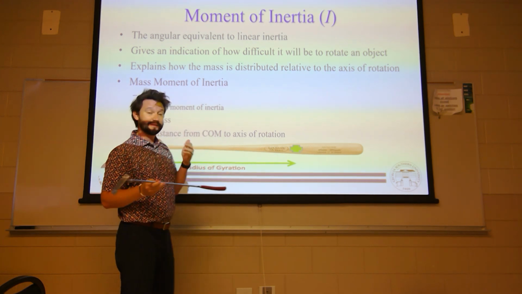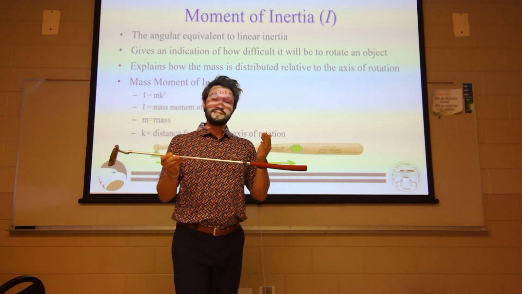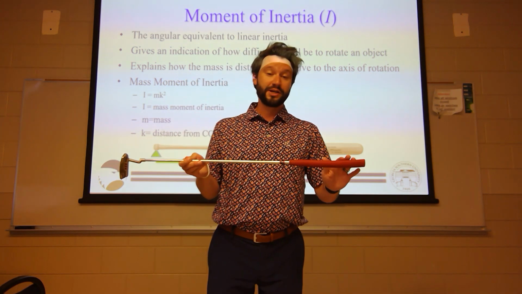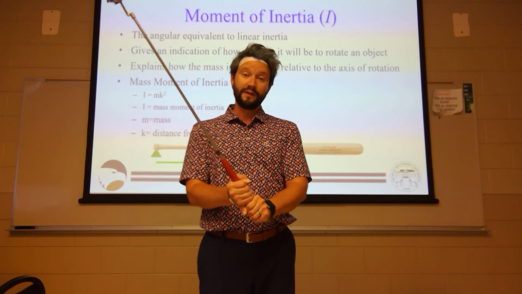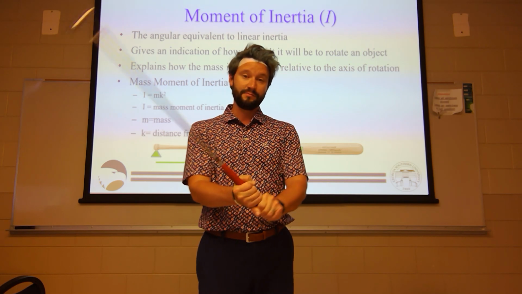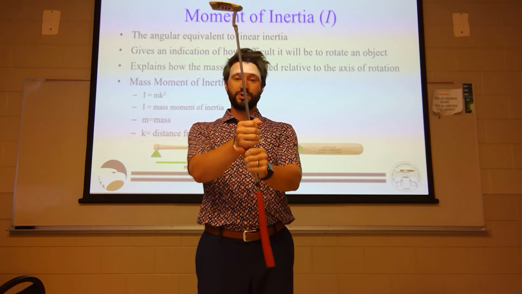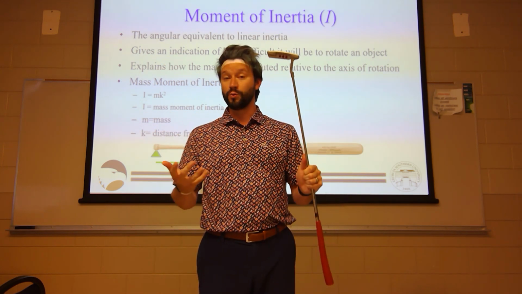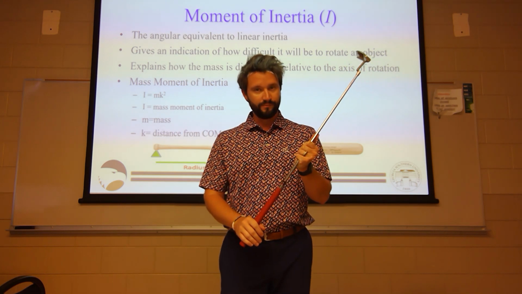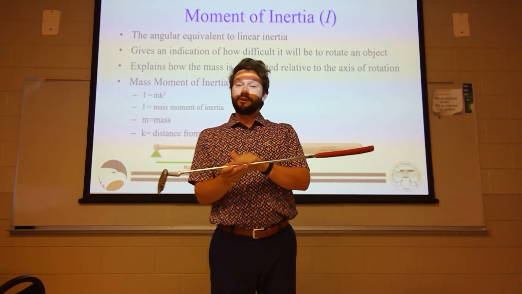Okay? That's the radius of gyration. It's the distance from the axis of rotation, which in this example is where you are holding the object. So when you're holding it down at the bottom, that's your axis of rotation. You choke up to the middle, that becomes your axis of rotation. So it's where you're holding the object in this example. To the center of mass.